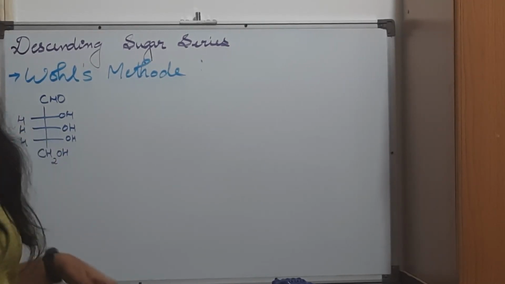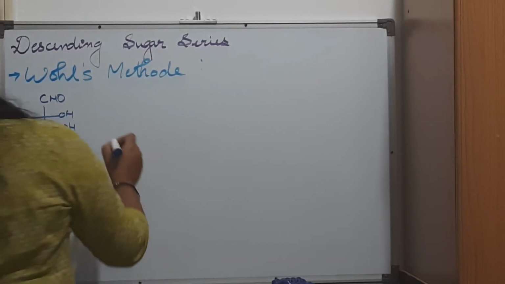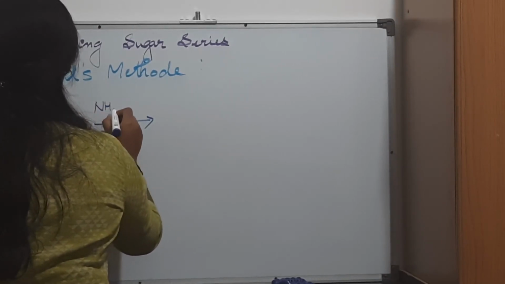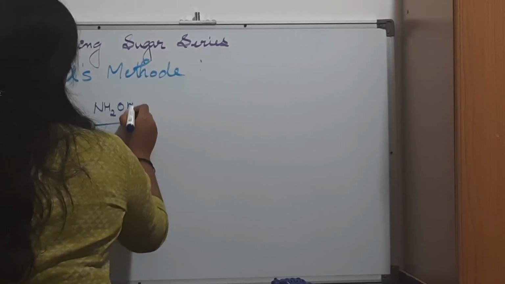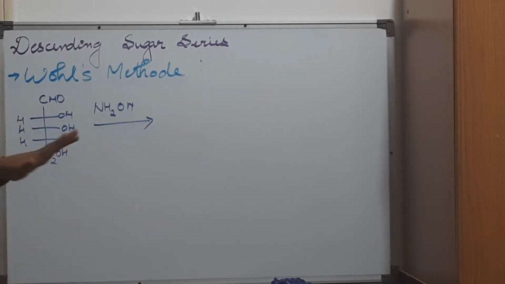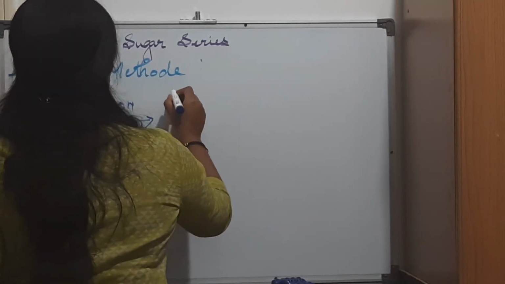So the first thing that I do is I have to treat it with hydroxylamine. When I treat with hydroxylamine, this aldehyde gets converted and forms an oxime. What is being formed?